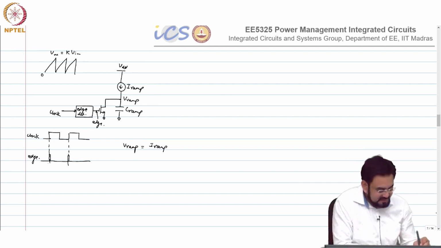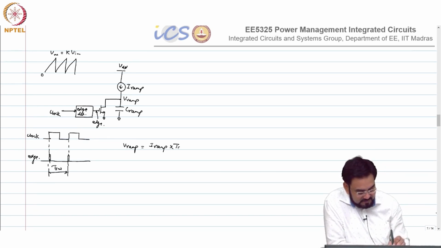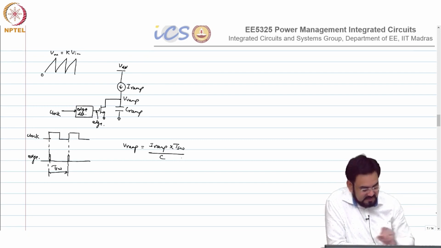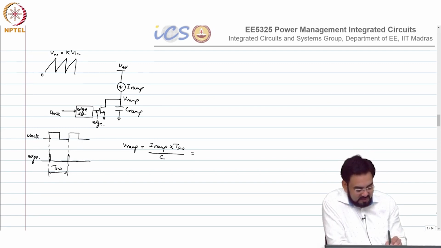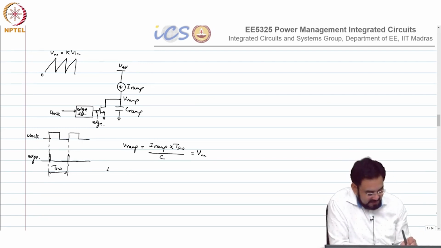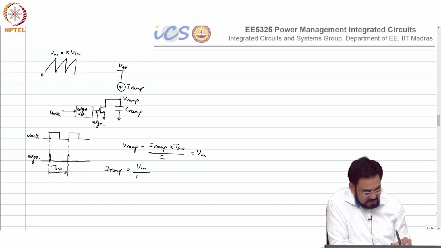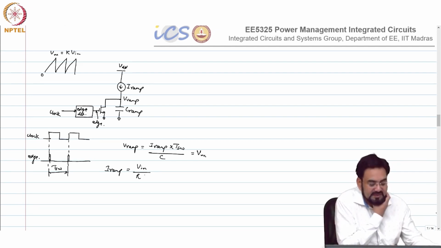It is I ramp times TSW divided by C, and this is nothing but Vm. Now if I make I ramp equal to V in over some R, what would happen?